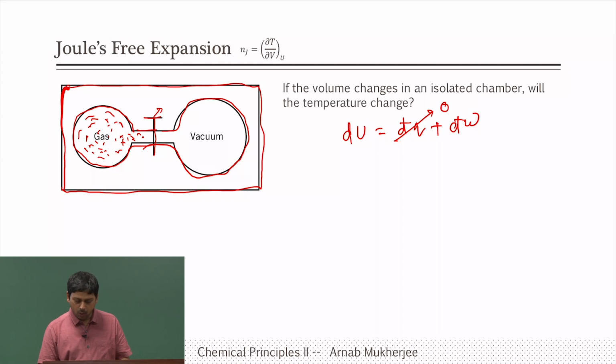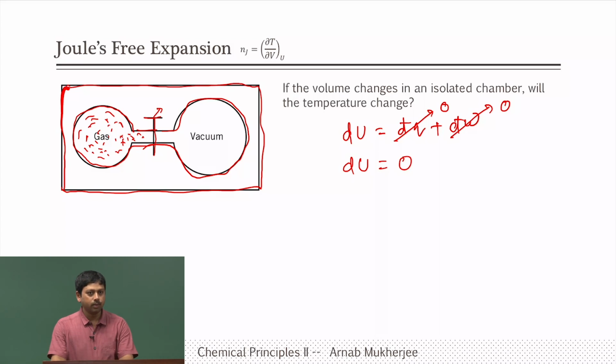And we know that in a free expansion process dw is also 0. So, dU is going to be 0. Now, if dU is going to be 0, then do you think the temperature is going to decrease? This is what we are going to understand today, what is going to happen in this particular process.